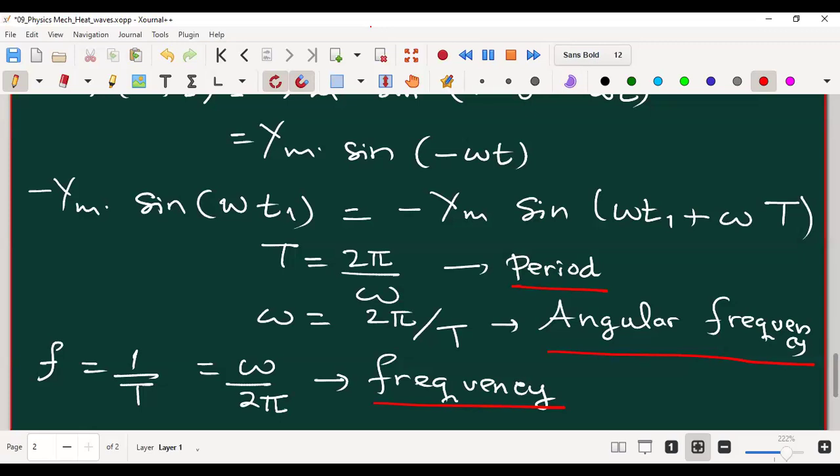Okay, next, the definition of phase constant.